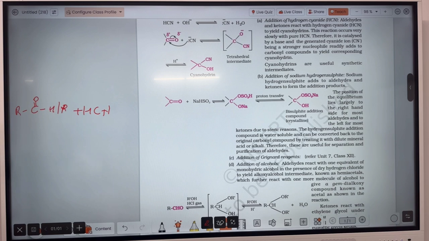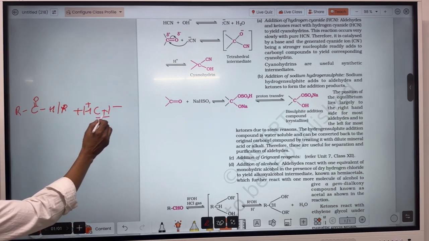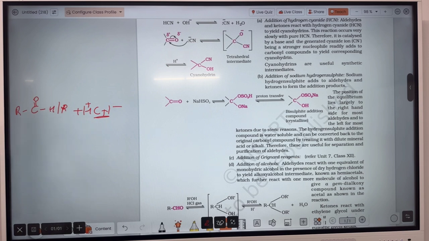HCN gives H plus and CN minus, and CN minus is the negative part. The oxygen takes the electron, so oxygen has negative charge and the carbon has positive charge.